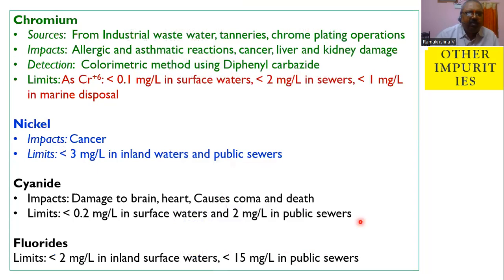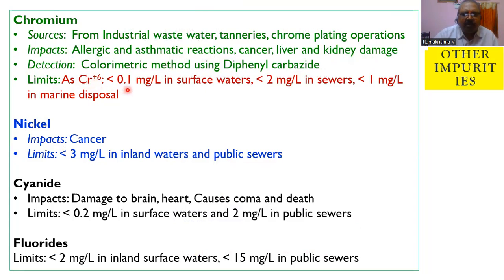Similarly, chromium is generated from industrial wastewater, tanneries in particular, and chrome plating operations. It can cause allergic and asthmatic reactions, cancer, and liver and kidney damage. It can be detected using the colorimetric method. When disposed in wastewater, the hexavalent chromium, Cr6+, is most dangerous.